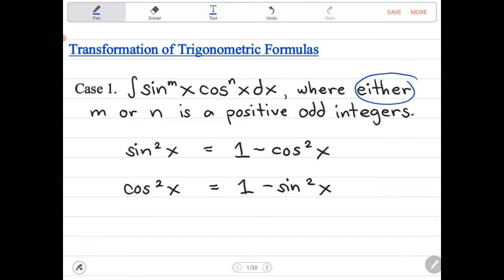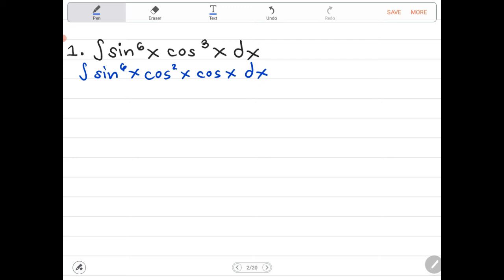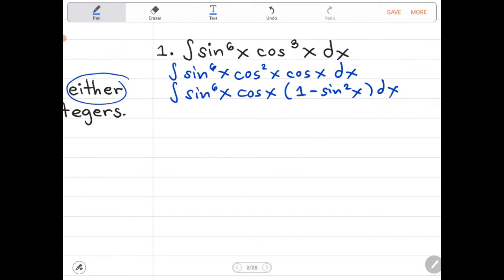Okay, what will happen if we substitute that? Let's see. The integral of sine raised to 6x, then cosine x, then substitute cosine squared x by 1 minus sine squared x dx. Okay, let us see what will happen.